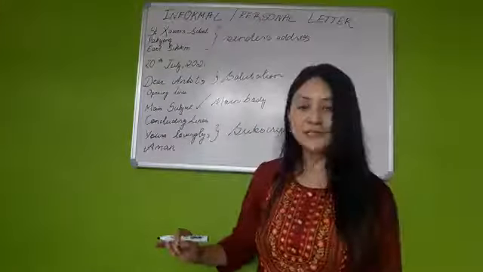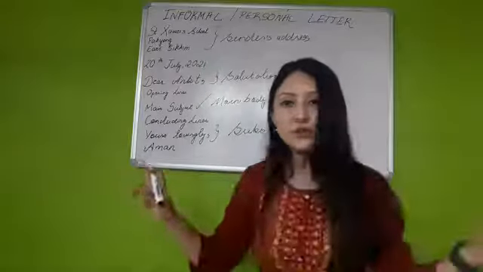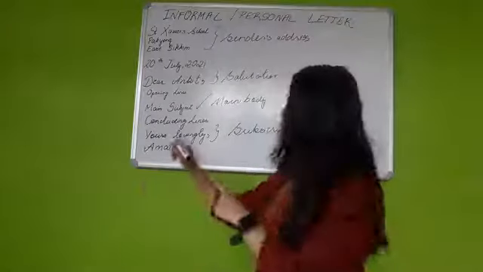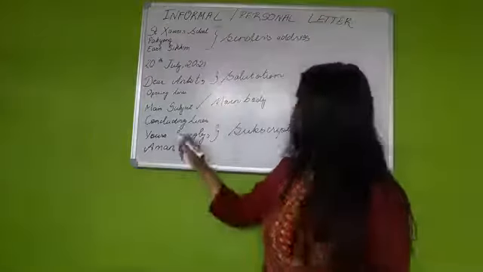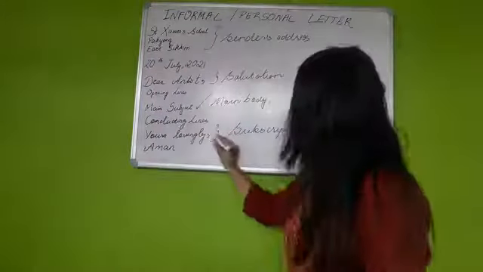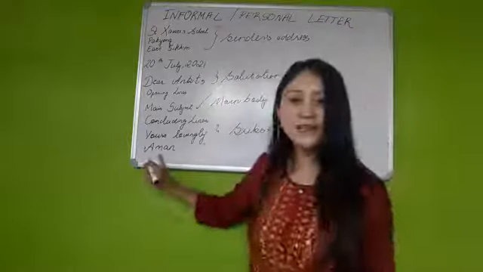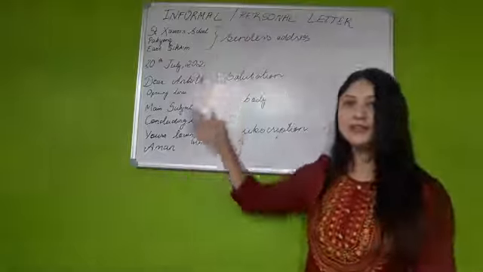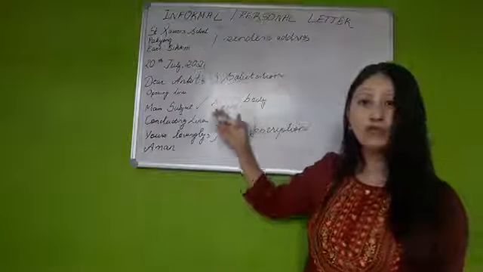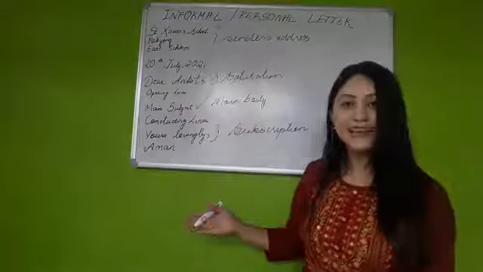Y should be in capital letter and there should be no apostrophe, and lovingly, caringly, affectionately should be written in small letter followed by a comma, and then the first name. So children, this is the format of the informal or personal letter.